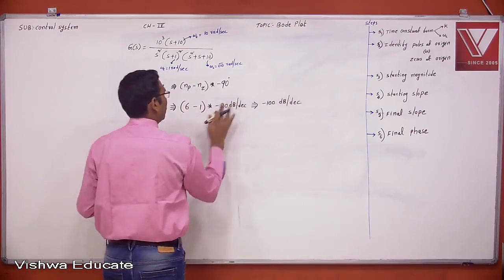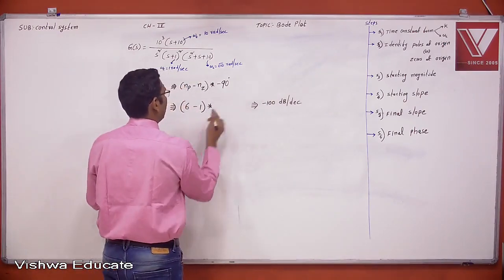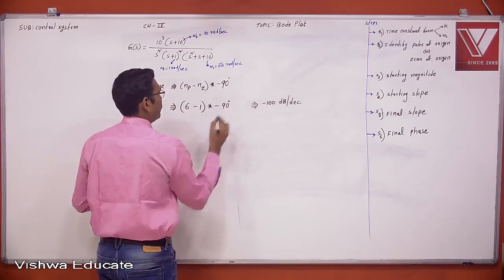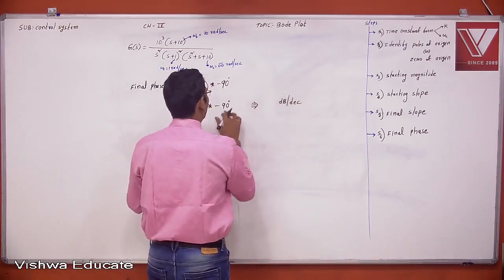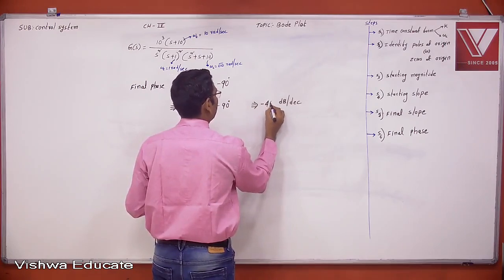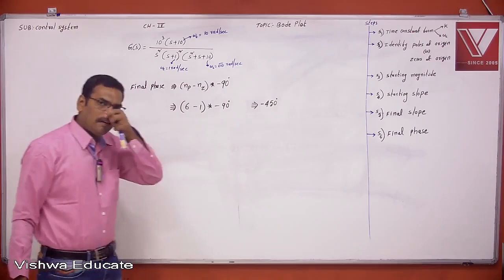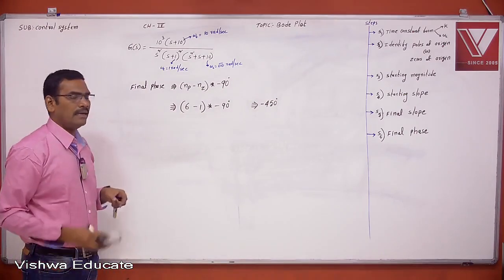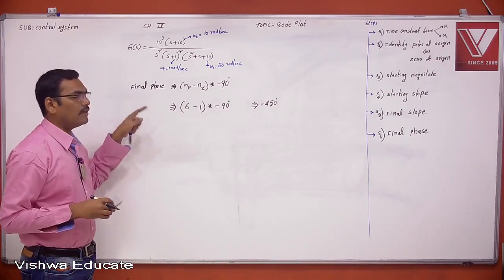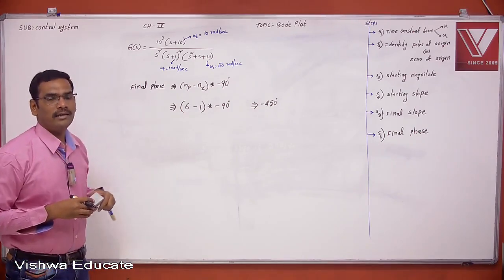So 6 minus 1 into minus 90 degrees, which is nothing but 5 into minus 90, minus 450 degrees is the final phase. This is useful for drawing the Bode phase plot.